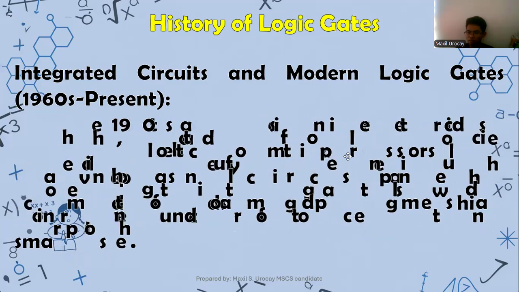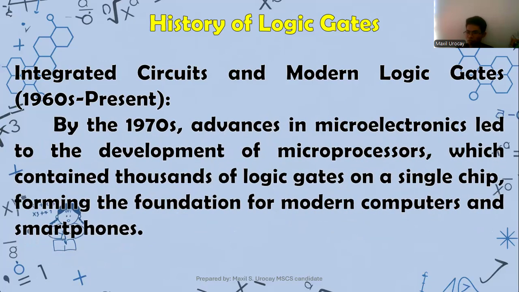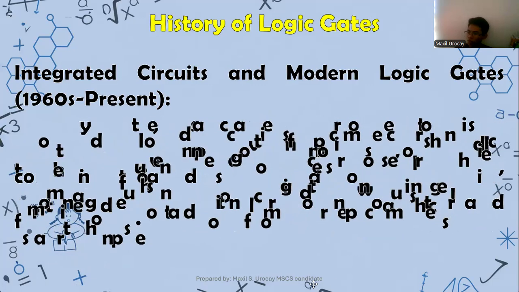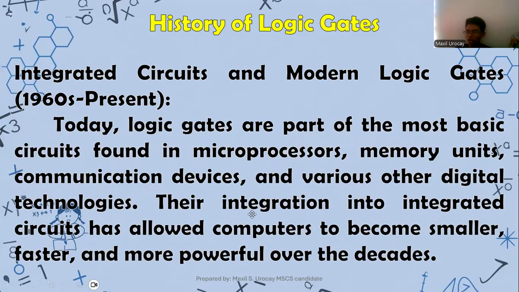Now, by the 1970s, advances in microelectronics led to the development of the microprocessor, which contains thousands of logic gates on a single chip. So imagine, forming the foundation for modern computers and smartphones. That is really a big innovation. And logic gates are now part of the most basic circuits found in microprocessors, memory units, communication devices, and even various other digital technologies.